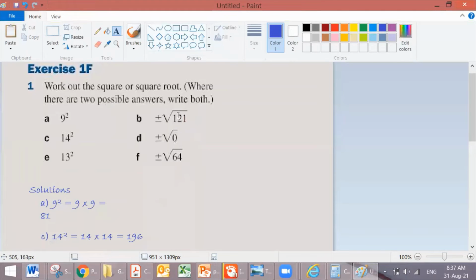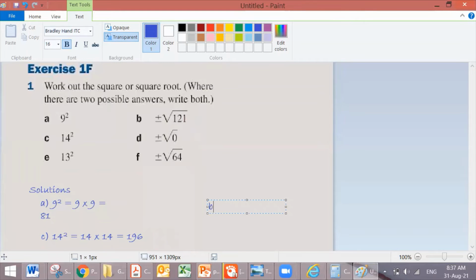Okay, here I am going to solve part B. Boys, it is better that you should write now. If you have your notebooks, you should start writing.